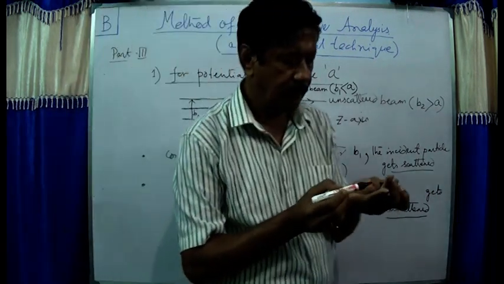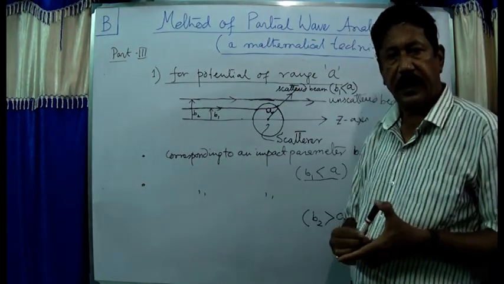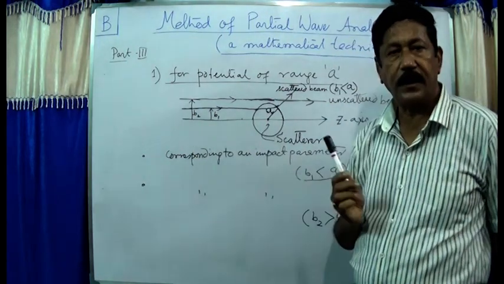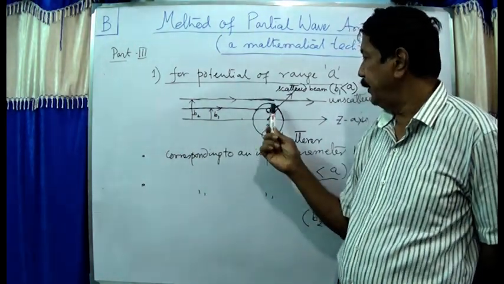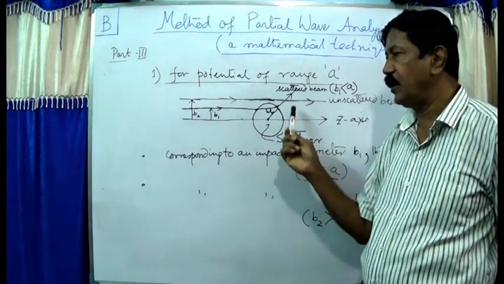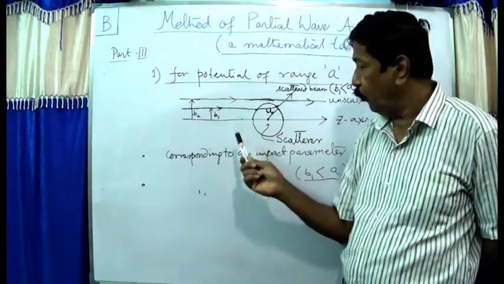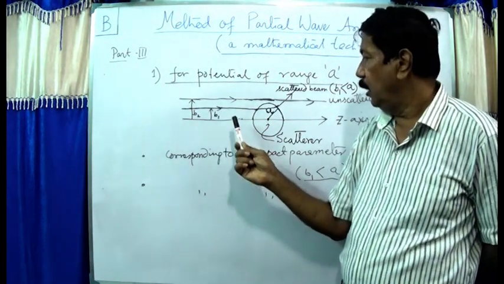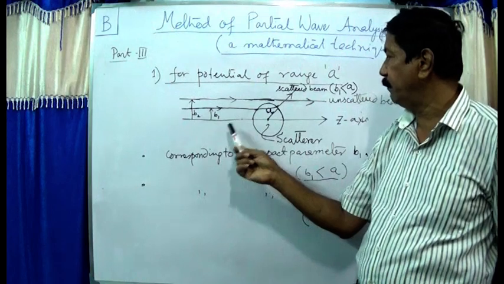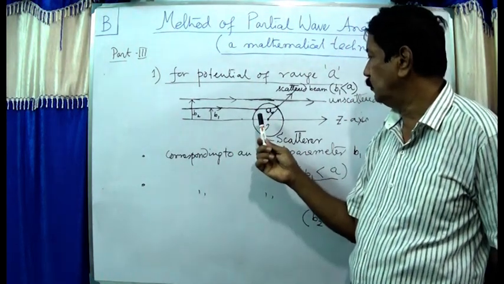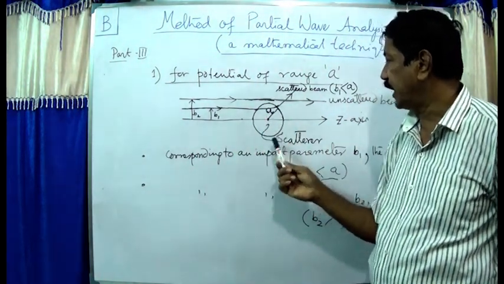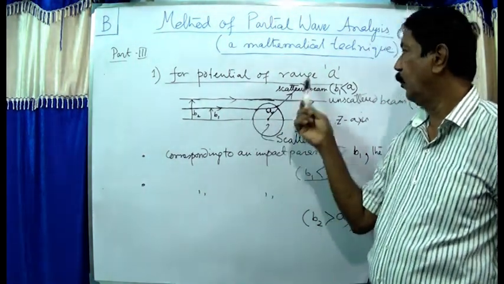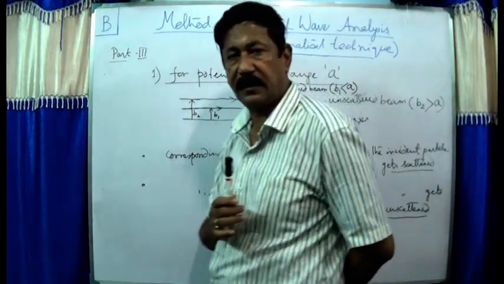This figure indicates that whenever a particle interacts with the scattering potential with such an impact parameter that if that impact parameter B has a value less than the scattering range, that particle will be scattered by the potential.